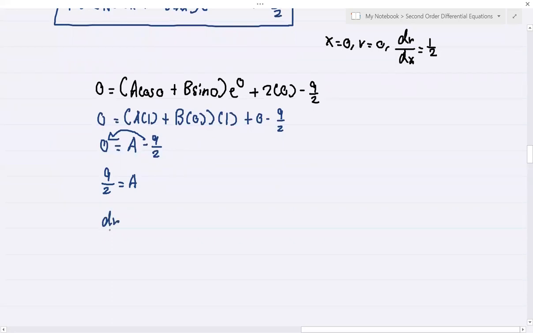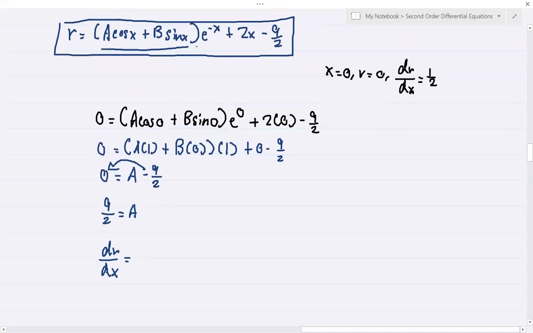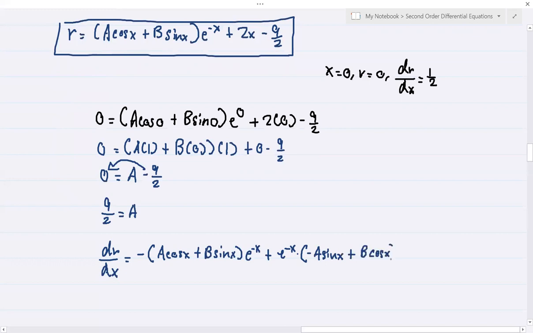So we will have dr all over dx is equal to, by getting the derivative for this one, you will have negative quantity a times cosine x plus b times sine x times e raised to negative x plus e raised to negative x times negative a times sine x plus b times cosine x.